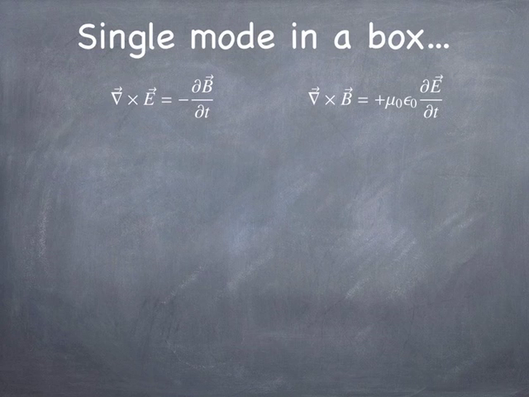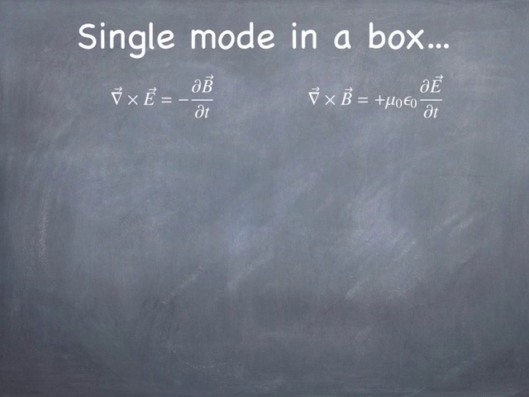So that means in the curl of B Maxwell equation, there is a term that has to do with the current, but there's not going to be any free charge. And also the divergence of E and the divergence of B we're going to assume are both zero, since there's no free charges anywhere.